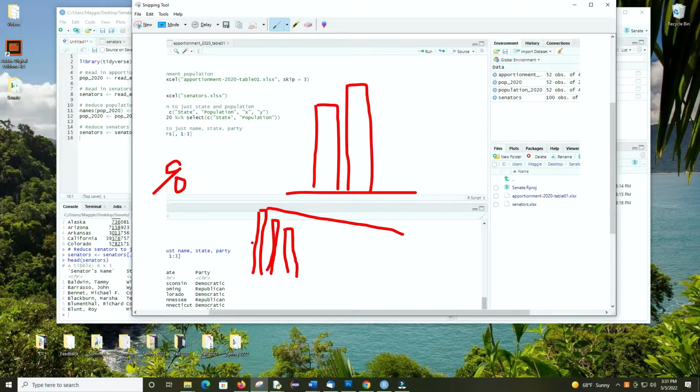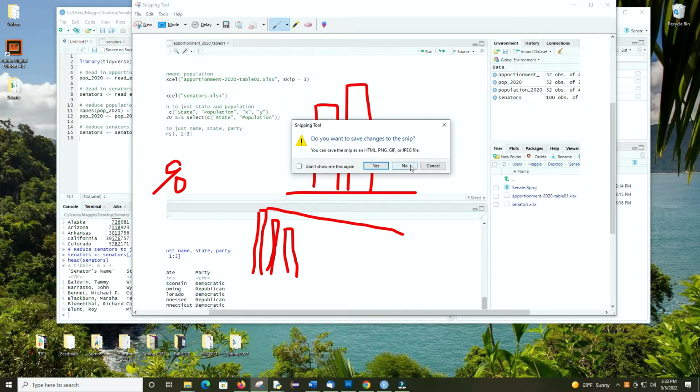And again, by splitting the state's population between the two senators of that state. So those are the two visualizations that I would like to make.